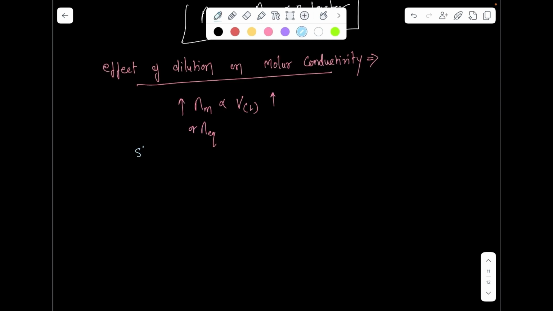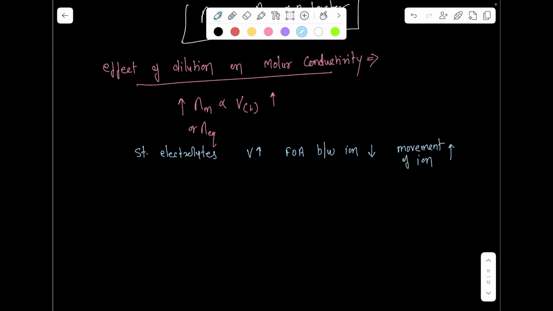So when we say the strong electrolyte, how is the strong electrolyte's conduction going to be increased? When you increase the volume, the force of attraction between the ions decreases. So obviously the movement of ions will increase.